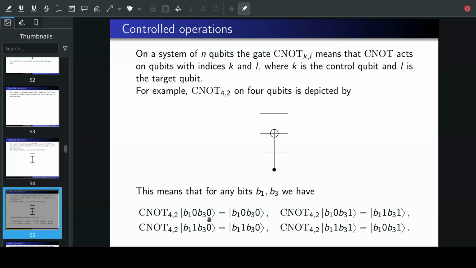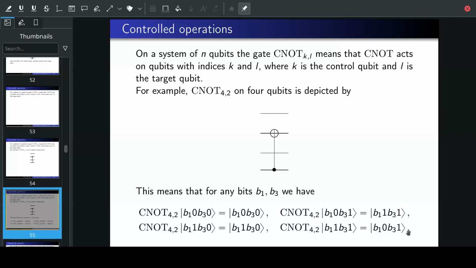So if the fourth bit is 0, then nothing happens, right? And if the fourth bit is 1, then we flip the second bit. So this standard basis element becomes this. And similarly here, since here we have 1, then we flip this value.